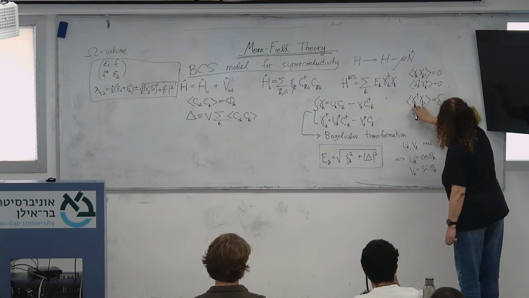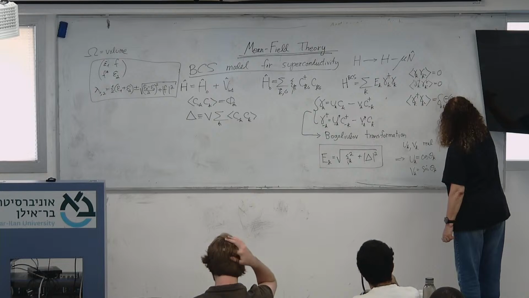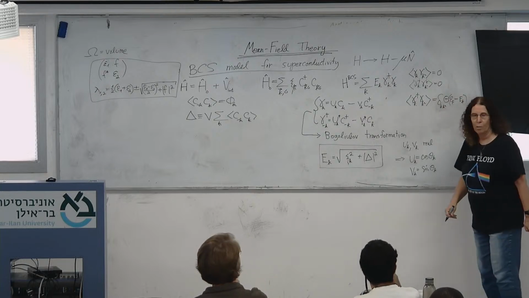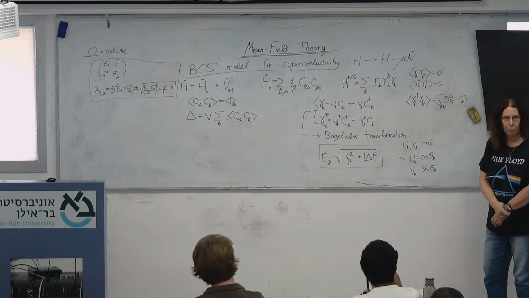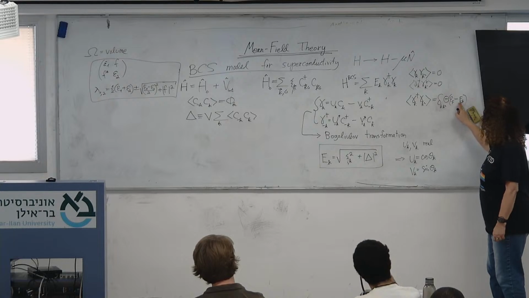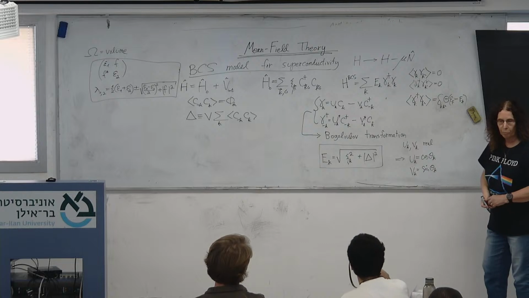Okay, it's the occupation of these quasi-particles, but more explicitly, it's a theta of E Fermi minus the energy of this state. Okay? So it's going to be finite only if Ek is smaller than E Fermi.